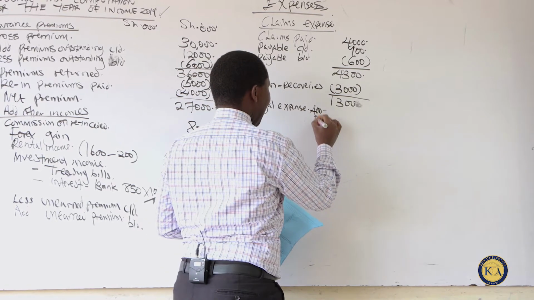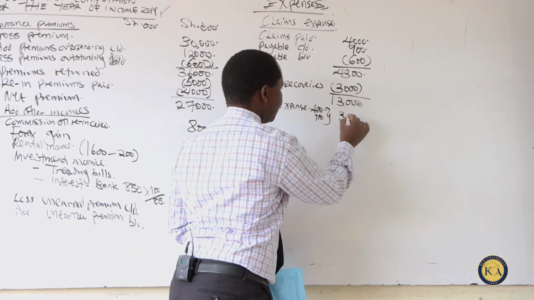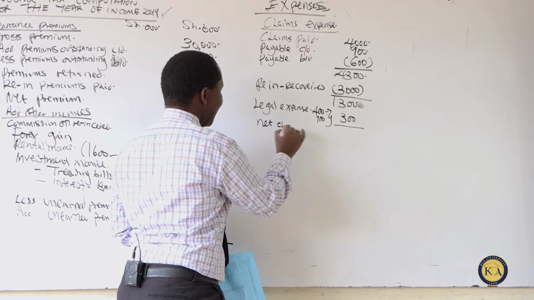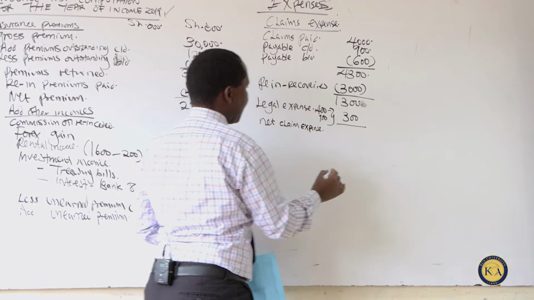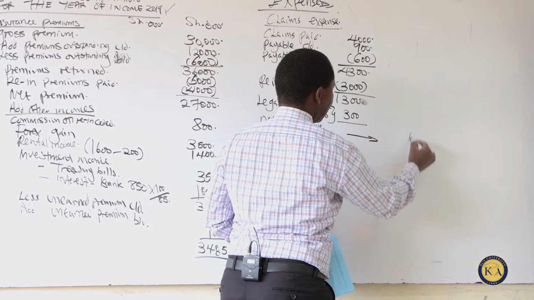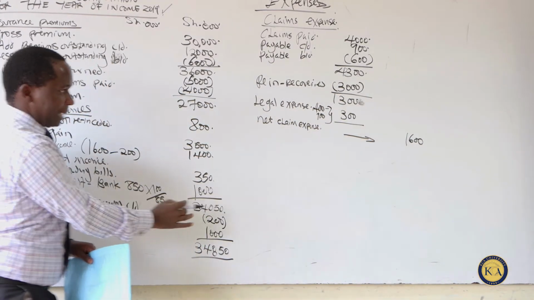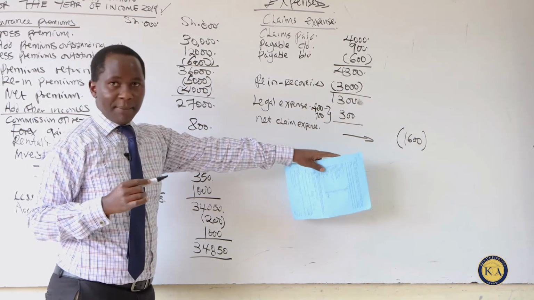So we less that 100, and this is going to give us 300. So our net claim expense becomes 1,600. Because there are deductions against income, I put them in brackets, our net claim expense.